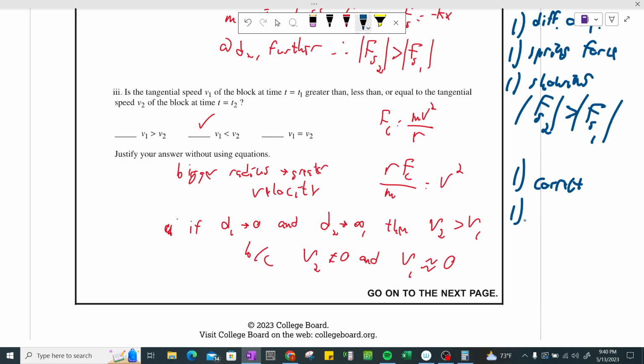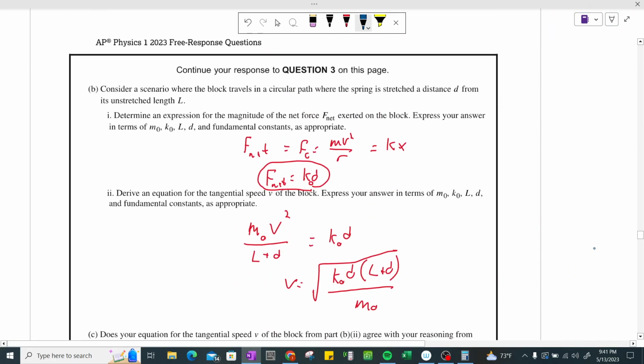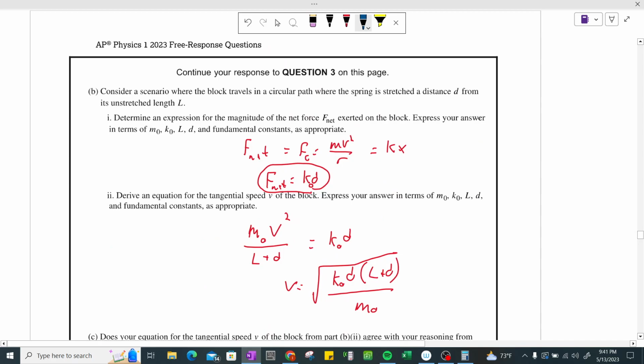And then we need a justification, which I would say is that radius increase leads to velocity increase. So going back to check our point totals now, we're up to 7 out of 12. So I got 5 for this page, which might be too many, but we'll see.